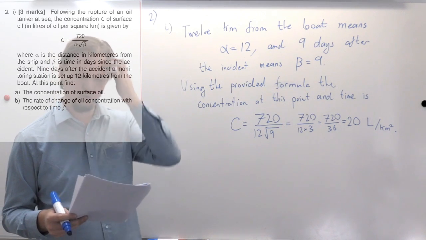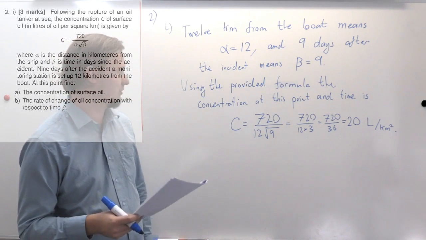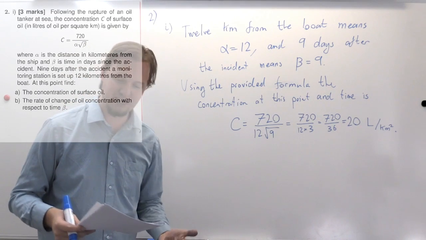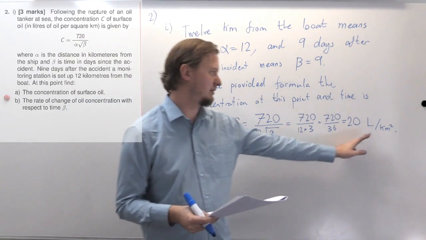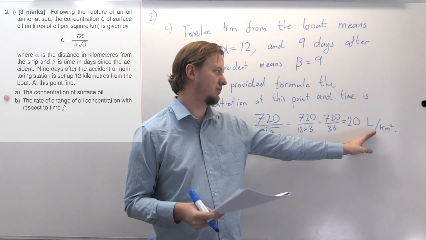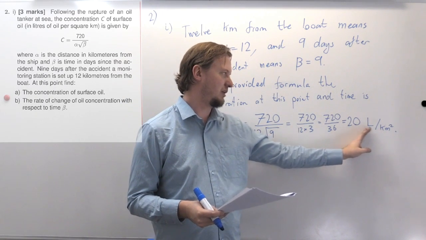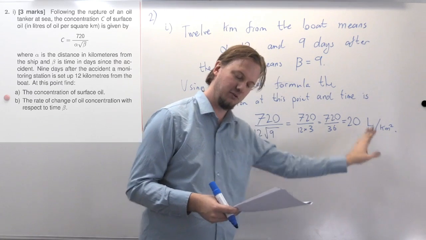That's especially true in the following question, where you have to work out the rate of change. I would knock a mark off for not using units here. Units are very important.